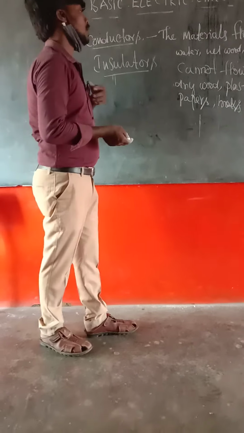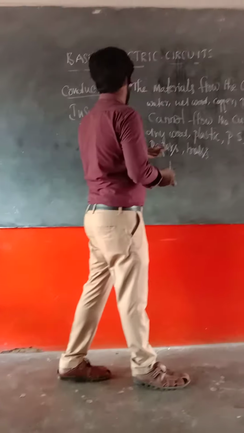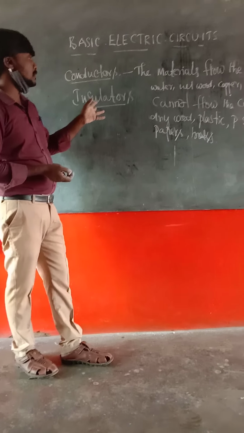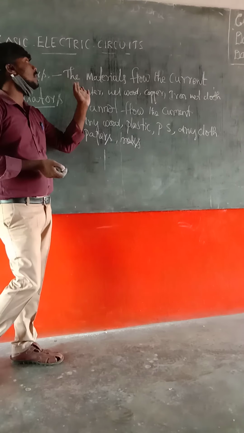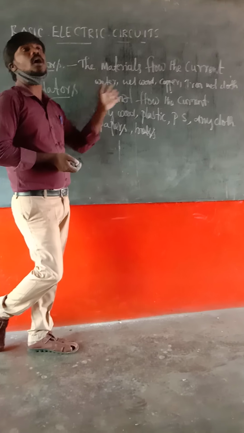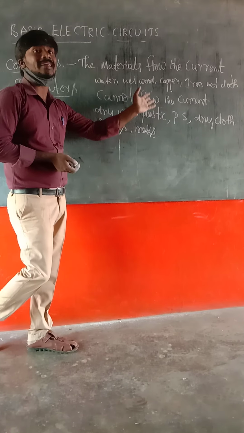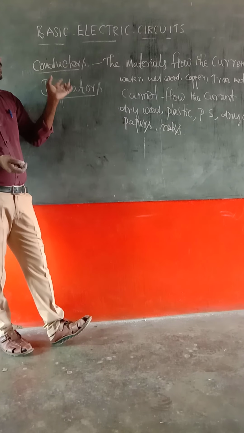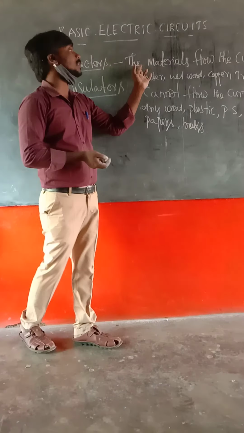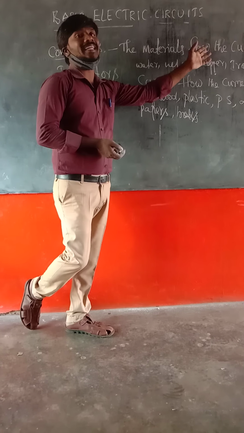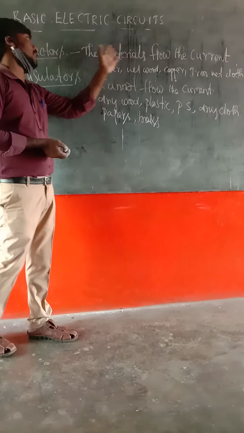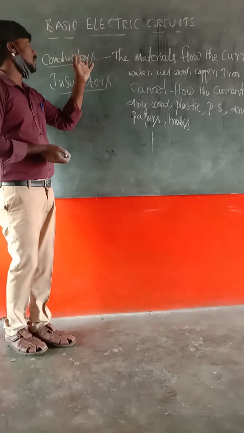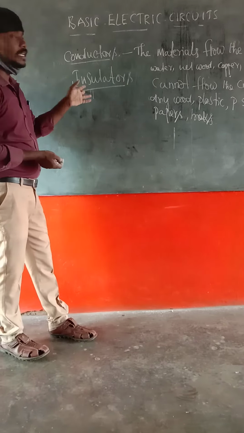And the pen is not the best example, it is called an insulator. Insulators are materials that cannot flow the power supply, or current, or electricity, or electrons. Materials that flow the current or electrons or electricity are called conductors. So that is the difference between conductors and insulators.